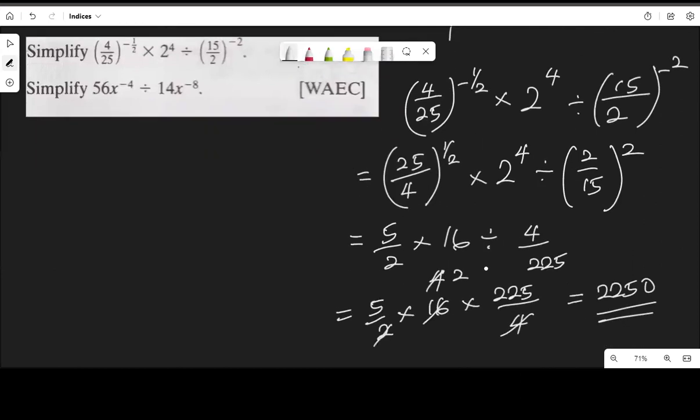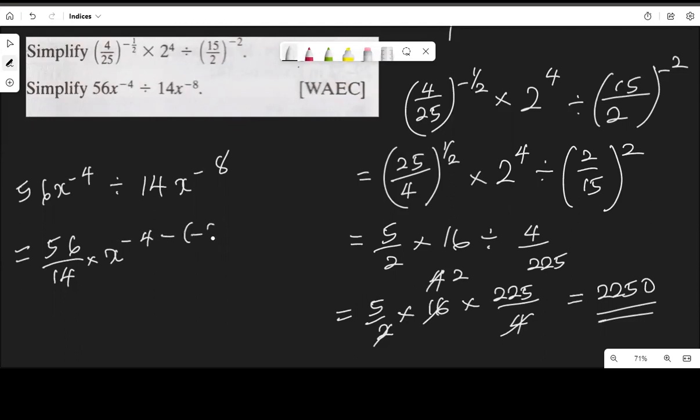And the last question, 56x to the power of negative 4 divided by 14x to the power of 8. That will be 56 divided by 14 times x to the power of negative 4 minus 8.